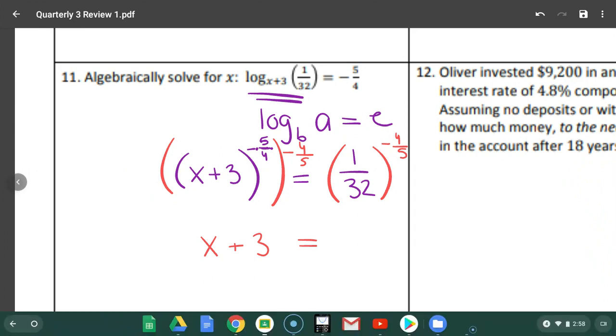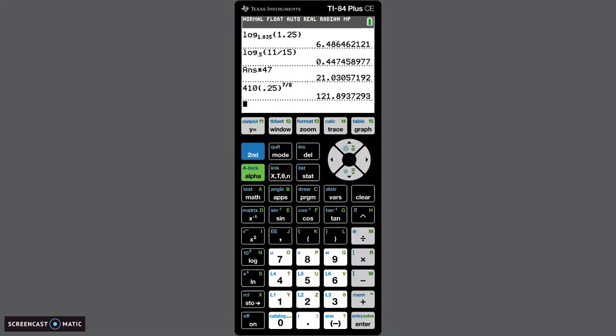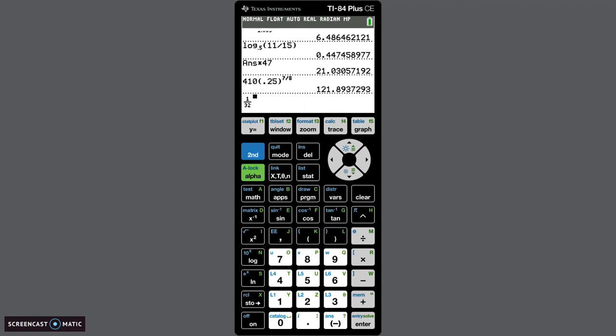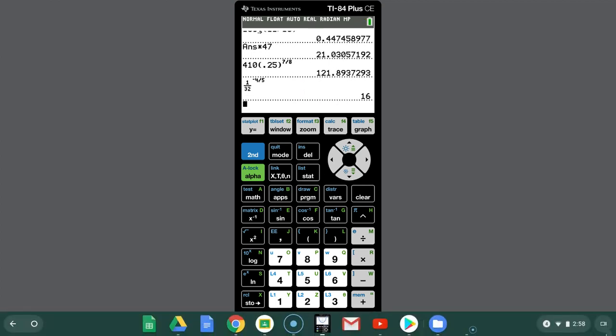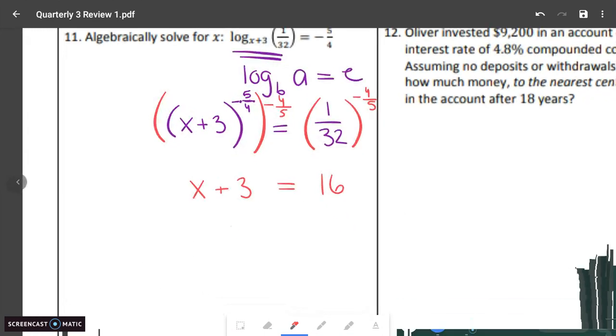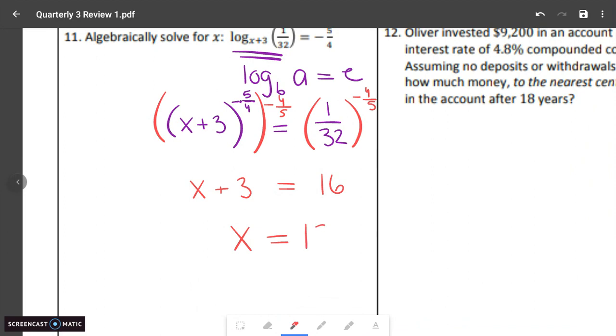So just so you can see what I'm talking about from before, remember we can use alpha y equals 1 over 32. Make sure we're raising this, not multiplying, to the negative 4 divided by 5. Or you could do alpha window again. But we get 16. So we let the calculator handle that for us. And then when we subtract both sides by 3, x equals 13.